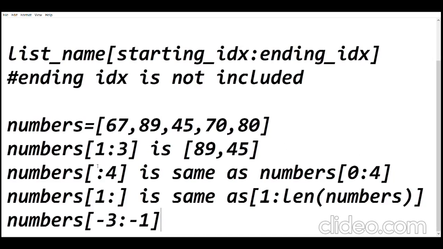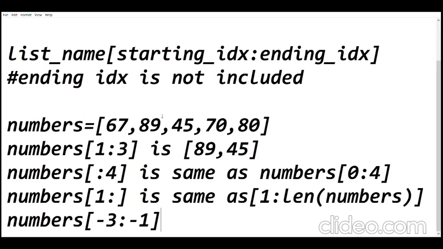It means if I want to skip the starting index, then it will automatically start with the 0th index. So it will give 67, 89 at the 1st index, 45 at the 2nd index, 70 at the 3rd index, and the 4th index is not included.